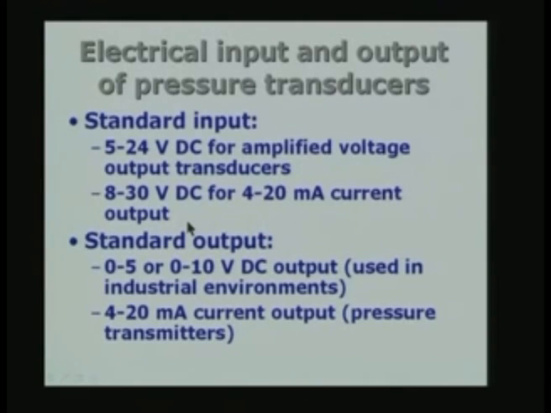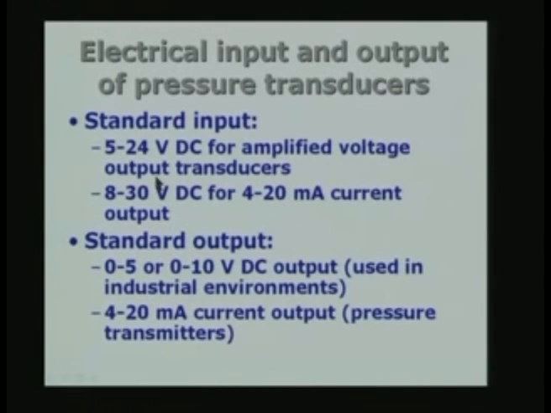Now, the question will be immediately asked as to how do we get an AC. Obviously, when you use the DC voltage as the input, we have to have an oscillator or some such arrangement which will give you an AC excitation voltage in the case of gauges which require AC voltage.